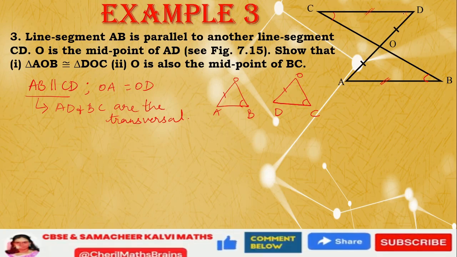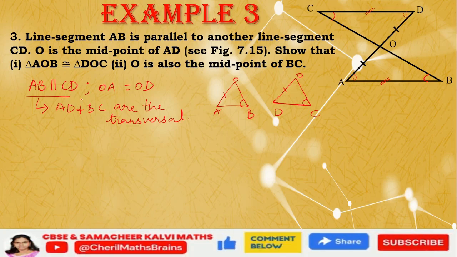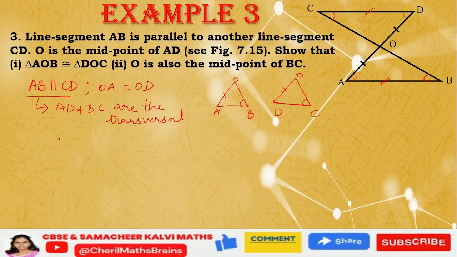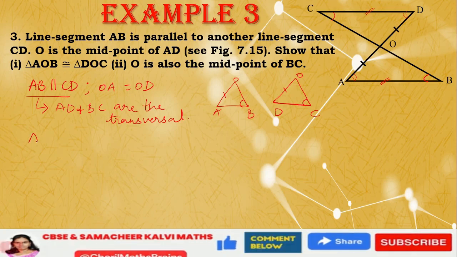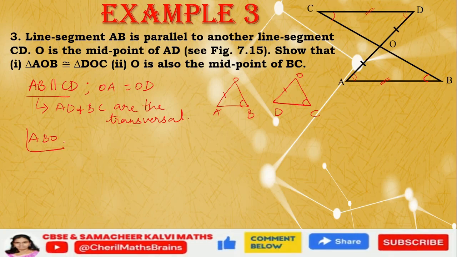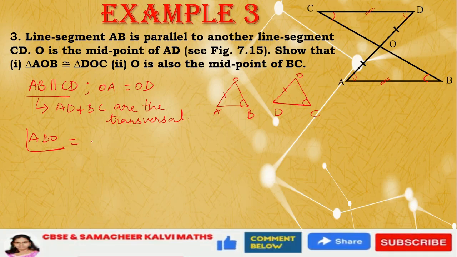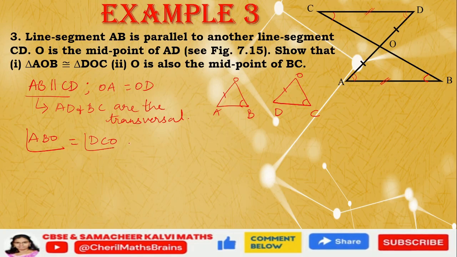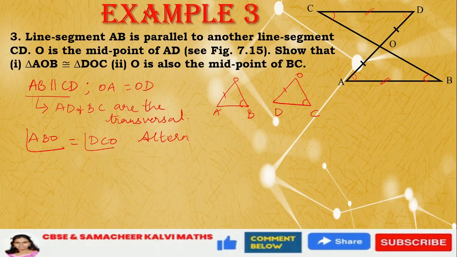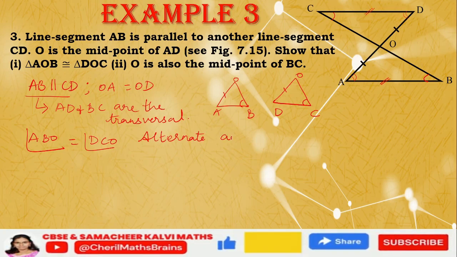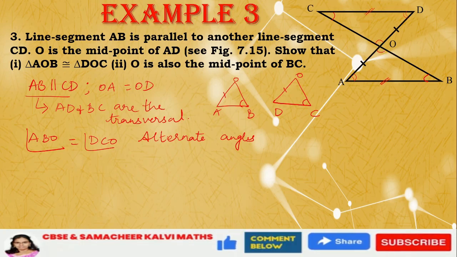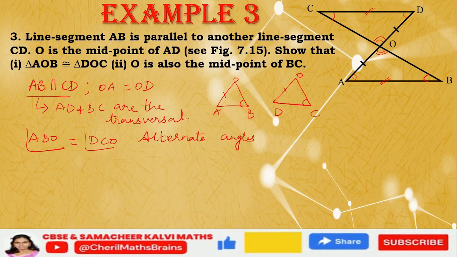That can also be said with respect to this itself, that is, they are transversals. So angle ABO is equal to angle DCO because they are alternate angles. We also know that these two angles are vertically opposite angles.